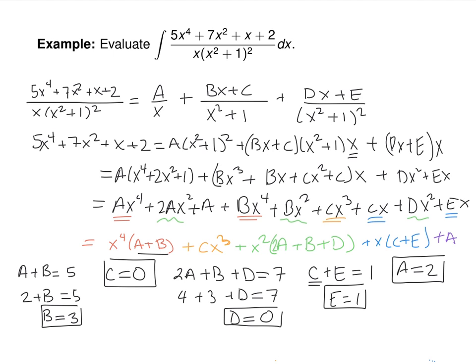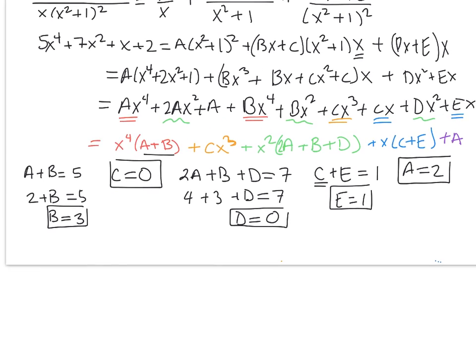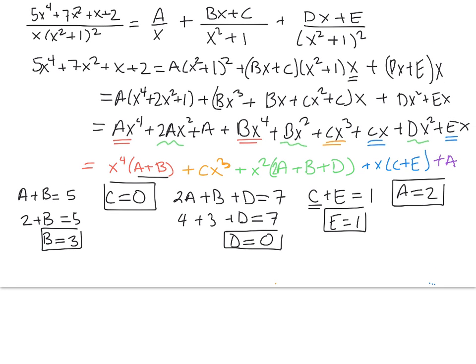Now to do the integration, I'm going to call this thing equal to I. I don't really want to rewrite it. And you can use that for any homework problem that you have. So now I will equal A over x, so 2 over x, plus Bx plus C, so that's just going to be 3x because C is 0, and then Dx plus E will be 1 over x squared plus 1, the quantity squared.